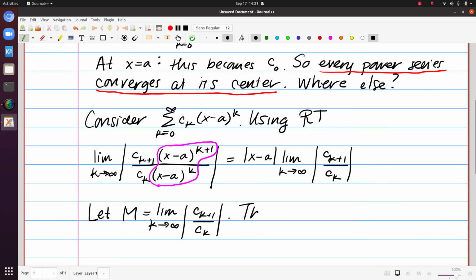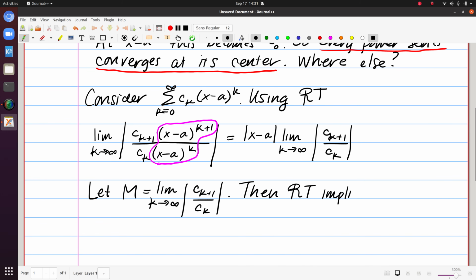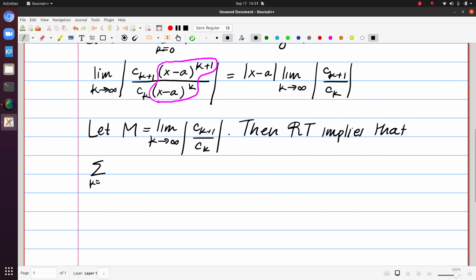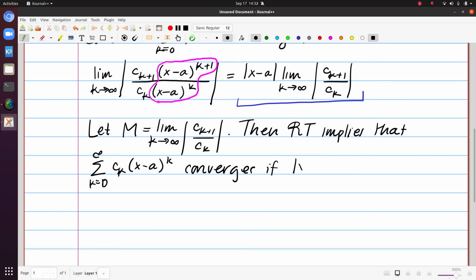So if we look at our result there, the ratio test implies that our power series converges when the resulting limit, which is what I have underlined in blue, and which I can write as absolute value of x minus a times M, because that's how we're defining that limit, is strictly less than 1.